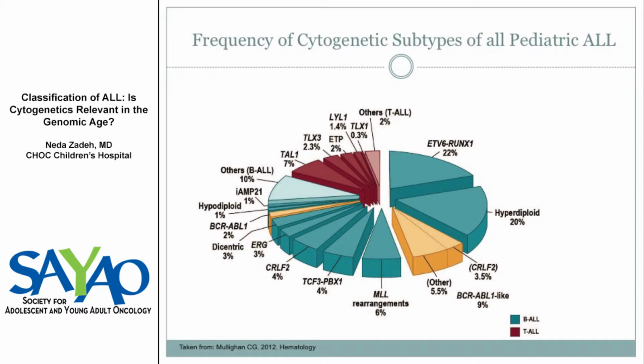T-lineage ALL is characterized by activating mutations in NOTCH1, as well as rearrangement of transcription factors seen here, which are TLX1, TLX3, LYL1, TAL1, and MLL.